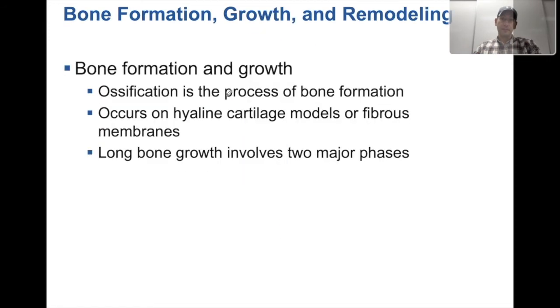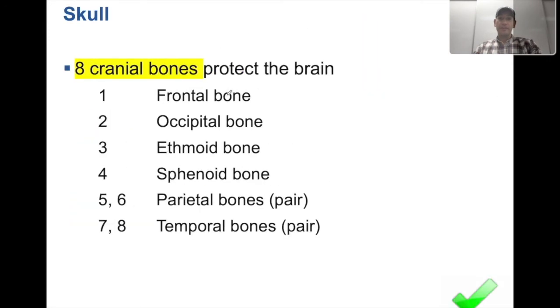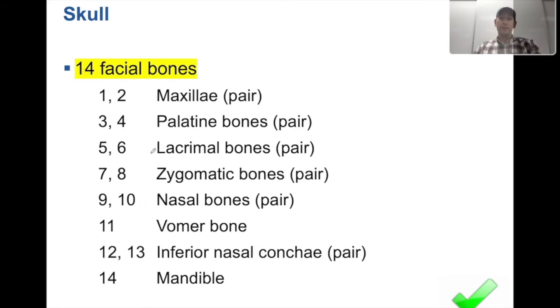That's the difference. The next piece is the difference between your cranial bones and your facial bones. Now, in lab, we'll see the cranial bones: frontal bone, occipital bone, ethmoid, sphenoid, parietal, temporal. We won't really get into the facial bones all that much.